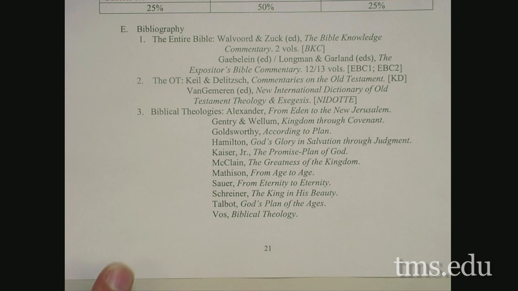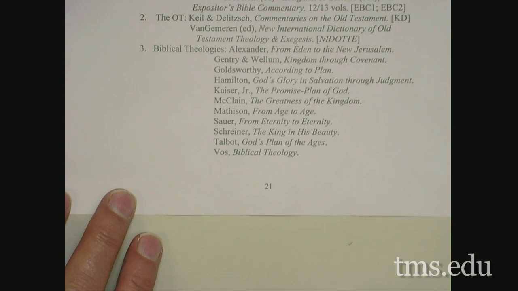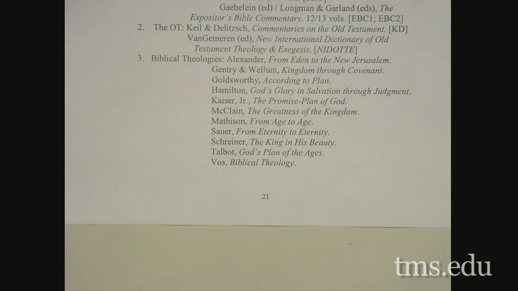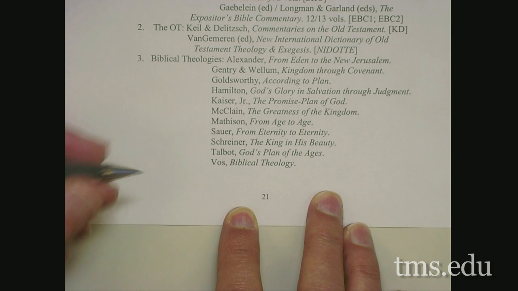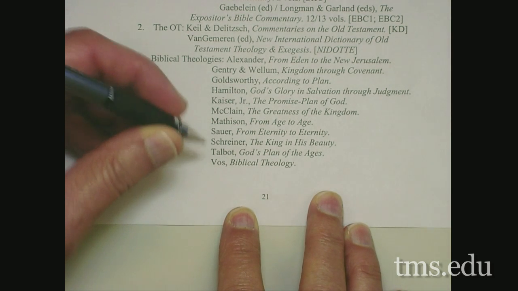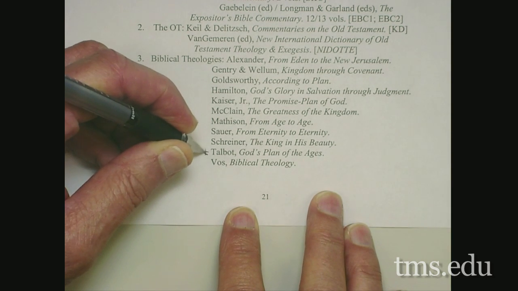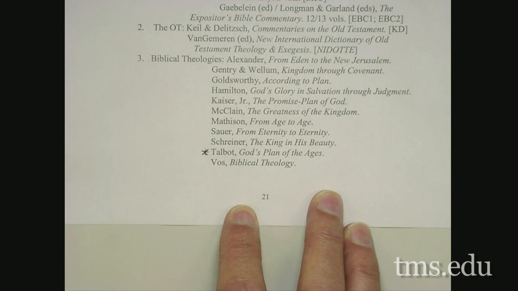We live in the age of biblical theologies, people trying to put together the whole Bible from beginning to end. And I have given you a significant list. In the new biblical theology movement, don't miss the work by Talbot on God's plan of the ages.